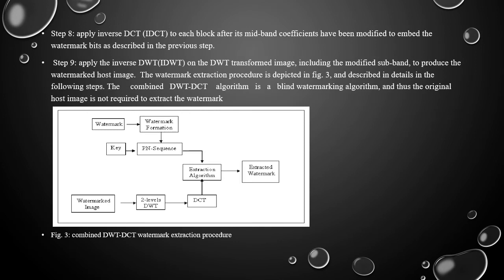Step 8. After embedding the watermark bits, we have to apply the inverse DCT to each block after its midband coefficient. Then step 9. Apply the inverse DWT on the DWT transformed image, including the modified subband, to produce the watermarked host image.